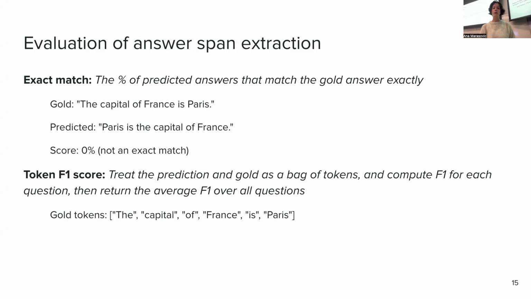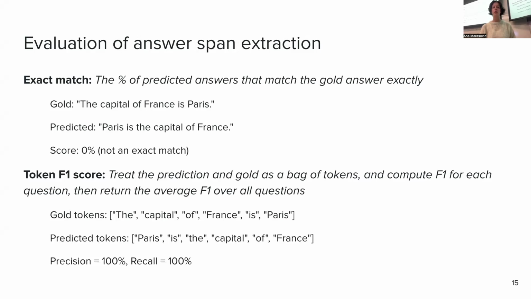So if these are my gold tokens, these are my predicted tokens, I will check how many of my predicted tokens appear in the list of gold tokens, and it turns out all of them do. So the precision is 100%. And I will check how many of the gold tokens I have predicted. So how many of the gold tokens appear in the predicted tokens list? All of them do. So recall is 100% and F1 would be 100% too. So this is much, much better. But you will see both of these reported.